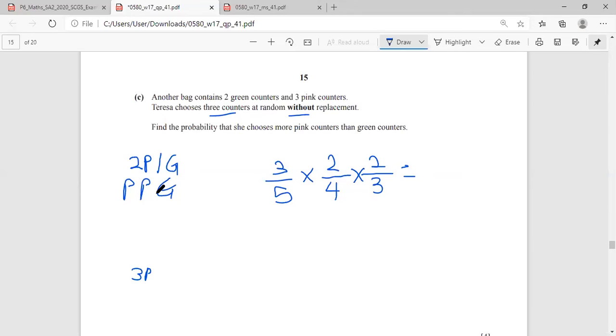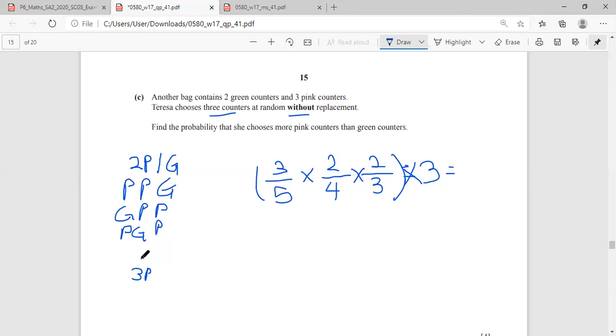Take note that it also can be green, pink, pink. So consider the sequence. It also can be pink, green, pink. So it only has 3 possible sequences. 3 of them consist of 2 pink and 1 green. So the whole thing you times 3, because you have 3 possible sequences.